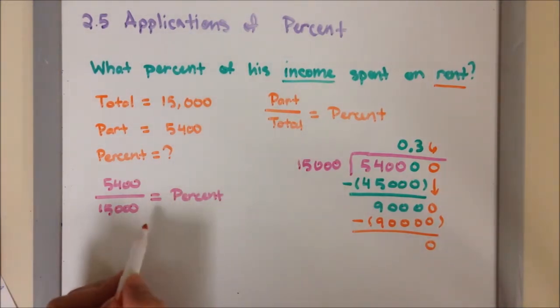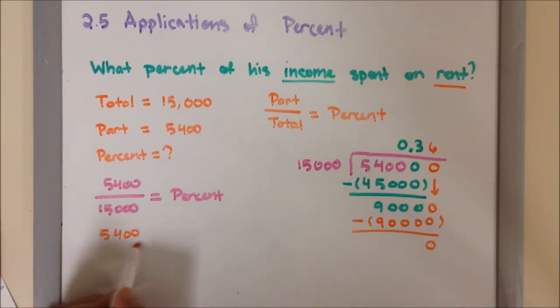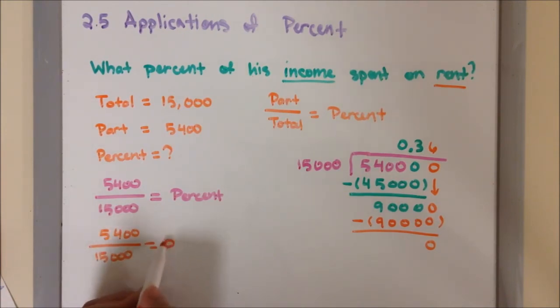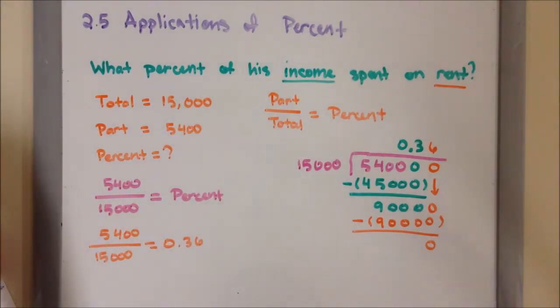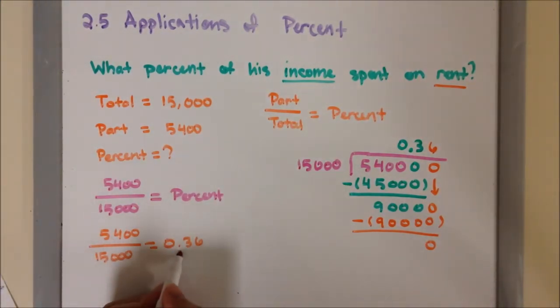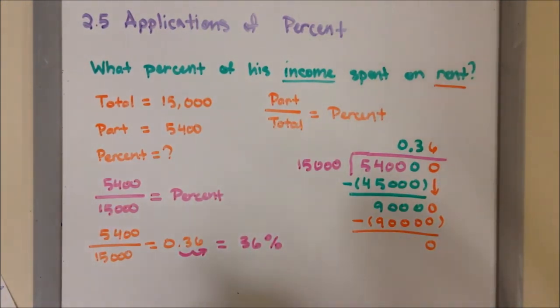So 5,400 divided by 15,000, or 5,400 out of 15,000, is 0.36. That's the decimal value. Now, in order to convert into percent, I'm going to move my decimal only 2 times to the right, which gives 36%.